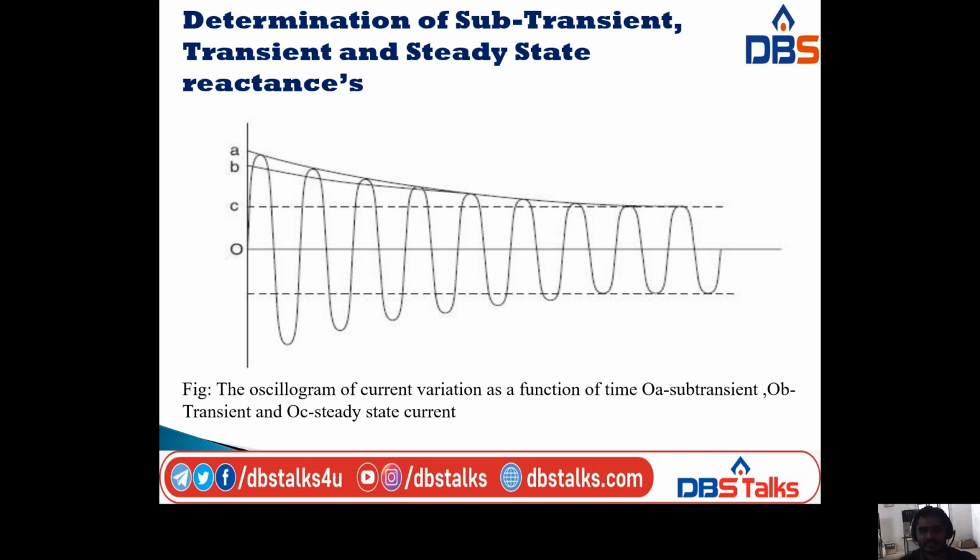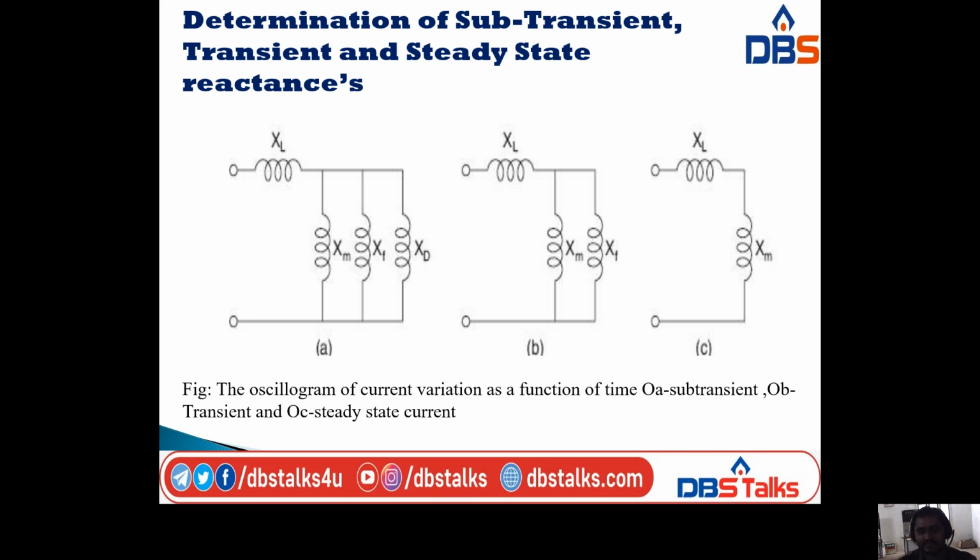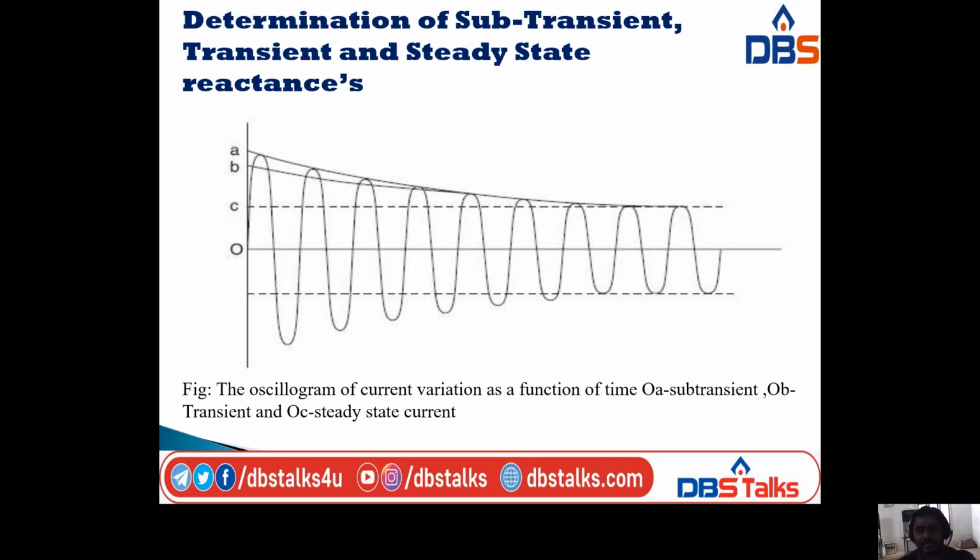It is the equivalent circuit for three cases: the first is for the sub-transient, the second is for the transient, and the third is for the steady state. Before going to this, we have the current oscillogram. From it we first calculate the sub-transient, transient, and steady-state currents, and after that we calculate the sub-transient, transient, and steady-state reactances.